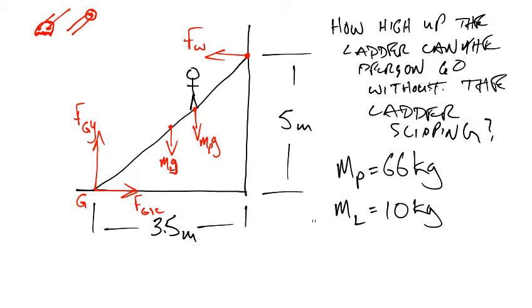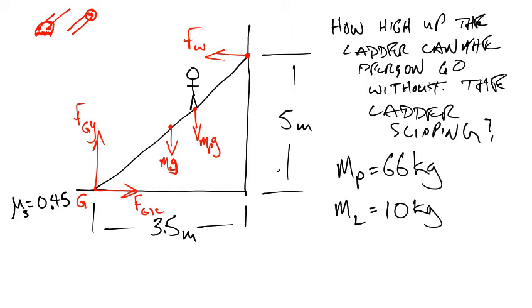We also need one more piece of information, and that is here at the ground, the coefficient of friction is going to be 0.45. Okay, that's static, not kinetic. Therefore, knowing all this information, now we can answer the question.